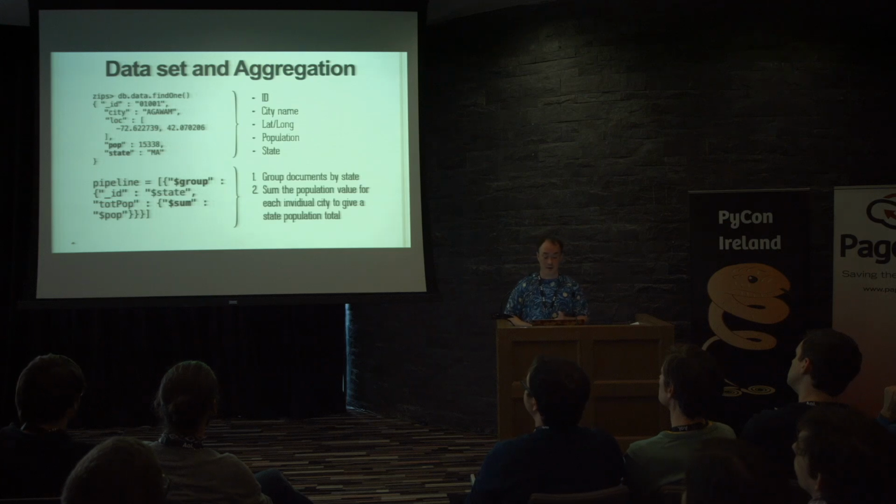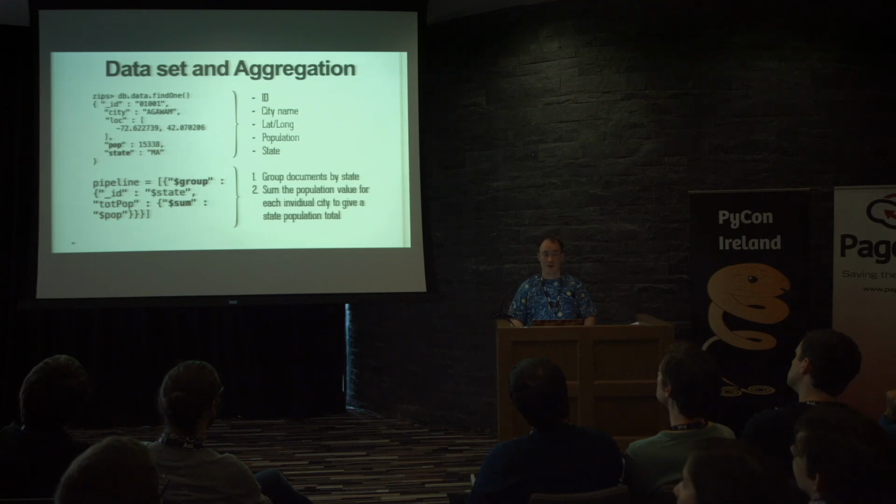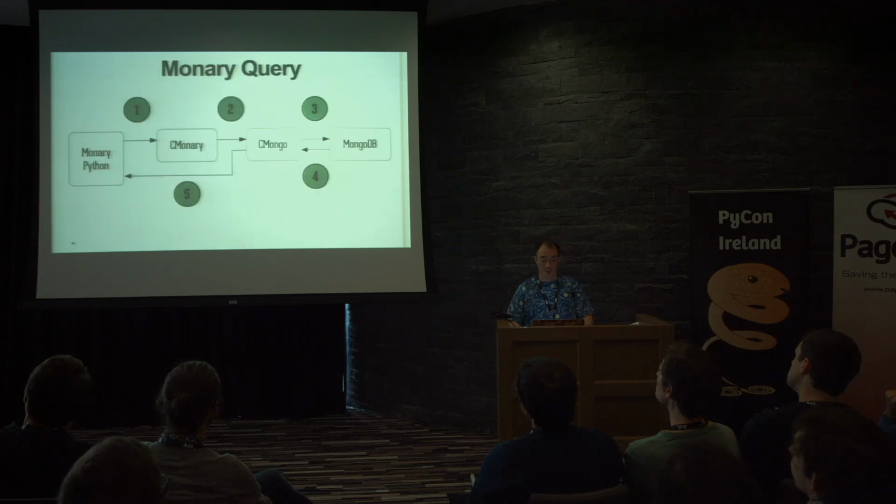And then it's going to create a new field for the population, which will be the sum of all the populations for the cities of that particular state, and then aggregate all of those together and produce a number. That's all it is. In some cases it's not really a realistic example, but it's a nice simple one to walk through.